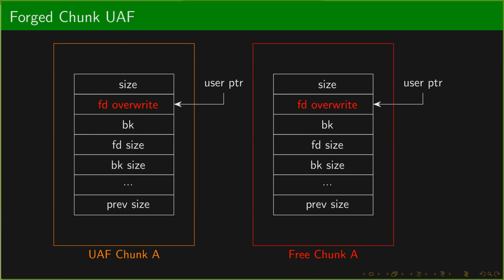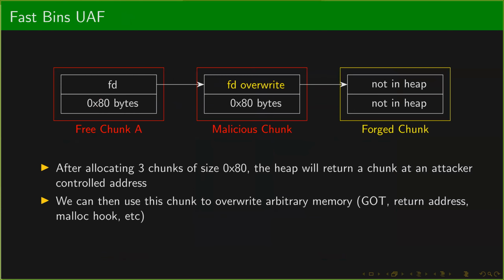This is also going to overwrite the forward pointer for the chunk in the free list because they are the same memory, right? So the idea is that when we overwrite this forward pointer, it's actually saying, hey, in the free list, I'm pointing to some random memory address that's attacker controlled.